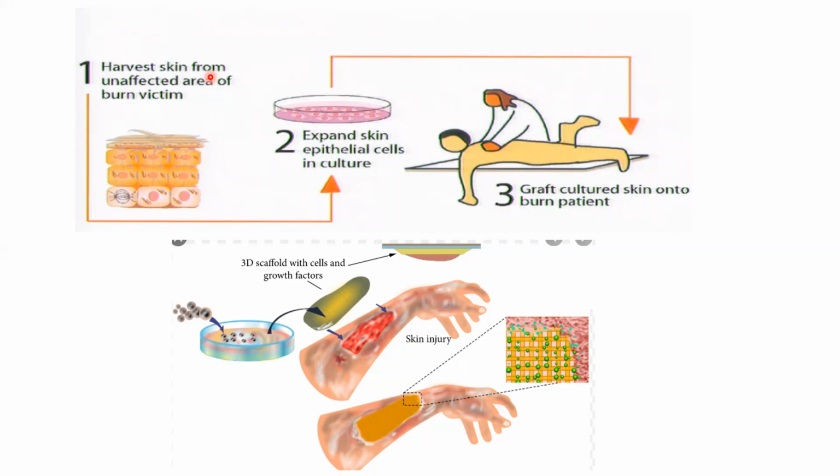That's why we use stem cells. So there are three steps to this. Harvest the skin cells from the burn patient from an area where there is no burn. We expand them, we culture them in petri dishes or in culture vials using a solid scaffold. Without a solid scaffold, these cells won't grow. We had already discussed this. These are anchorage-dependent primary cell lines, so they need solid support, as we discussed in the cell culture lectures.